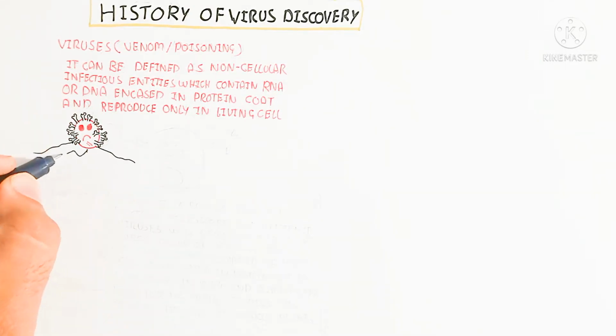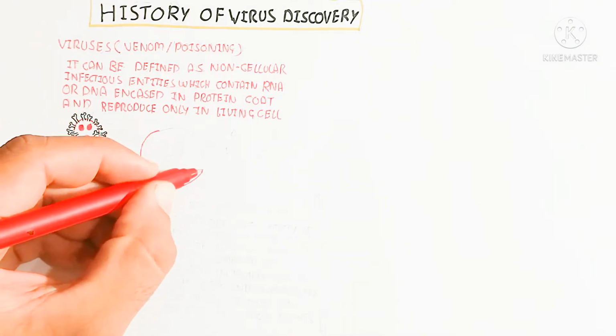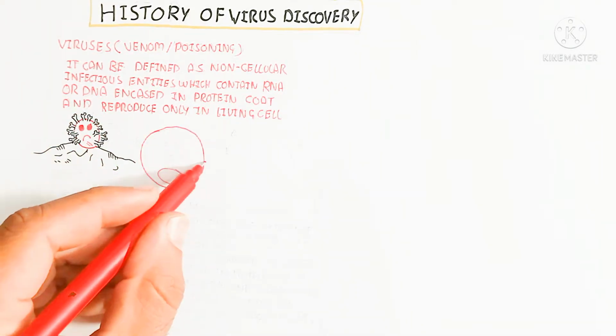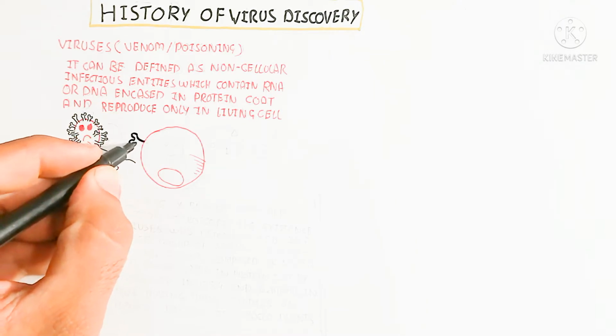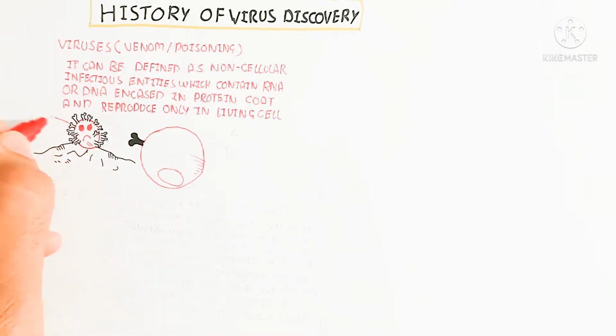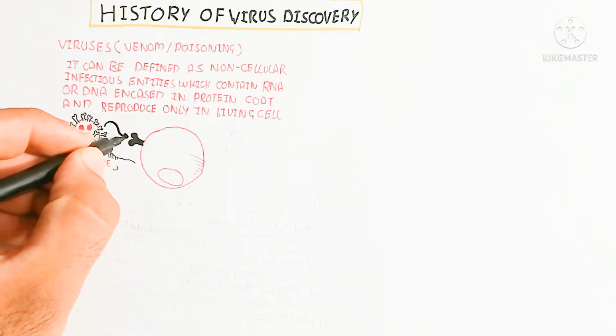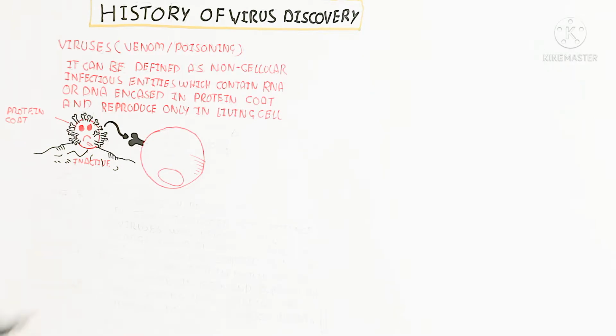For example, the HIV virus is specific for the T lymphocyte because the T lymphocyte contains a spike protein receptor, the CD4 receptor. It is infected by the spike protein via the receptor present in the host cell. This is the number one thing.